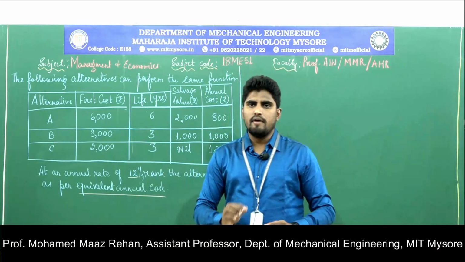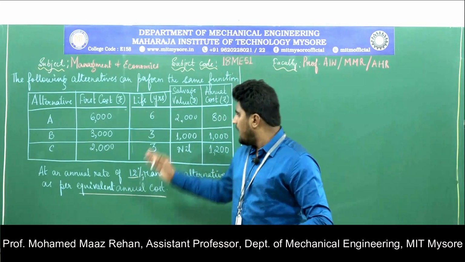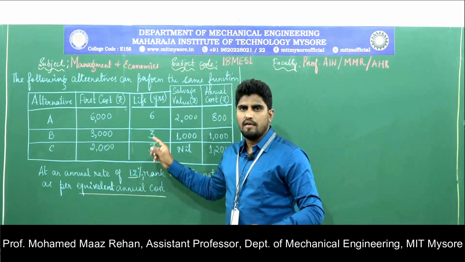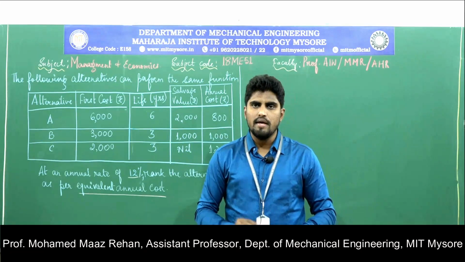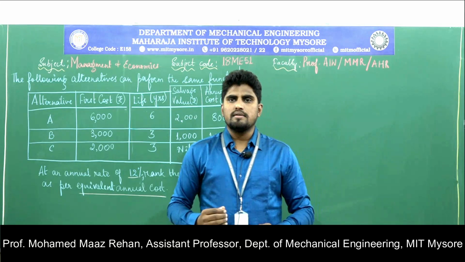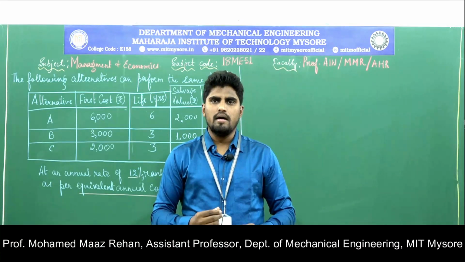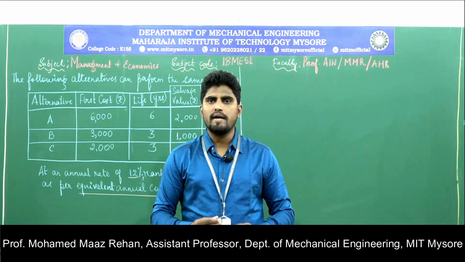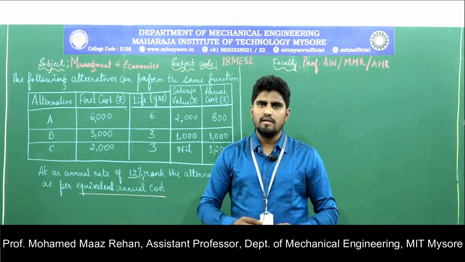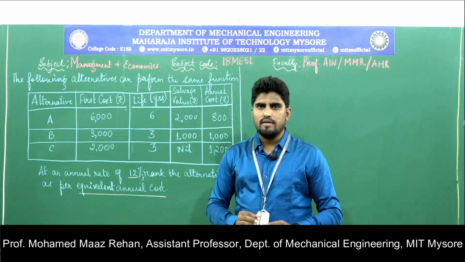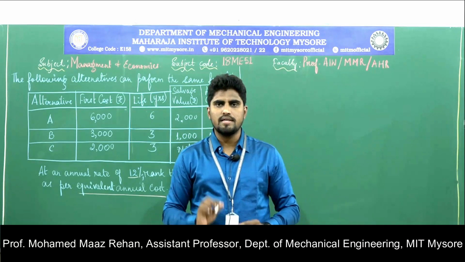The advantage of annual equivalent worth is, if you have different lives, you need not proceed with the LCM method. In the previous cases, such as present worth and future worth, you had proceeded with the LCM method.